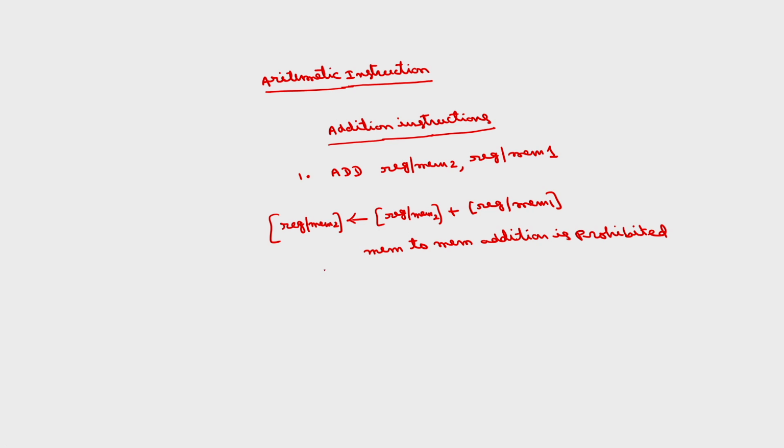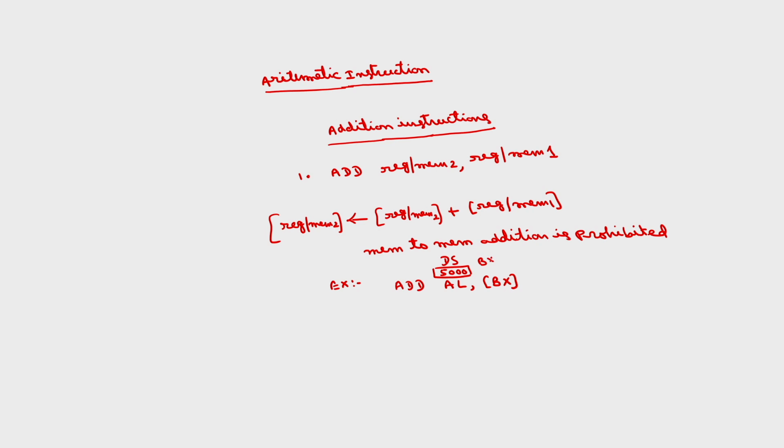So if I take an example: ADD AL comma contents of BX. By default the physical address can be computed by using DS.